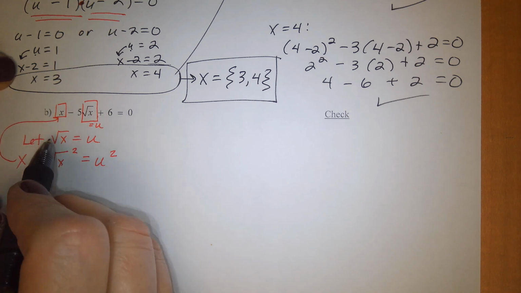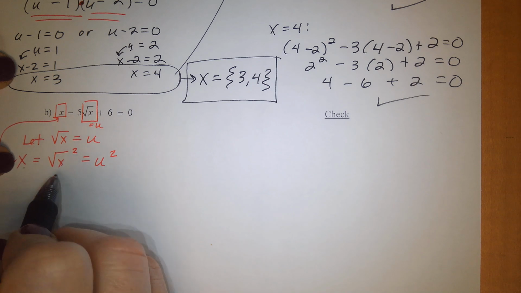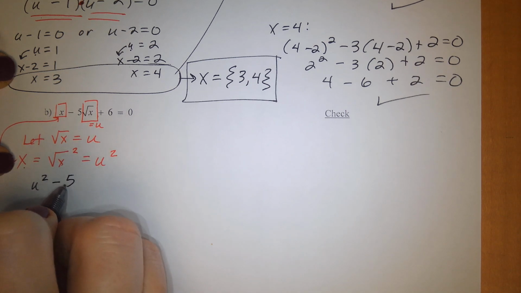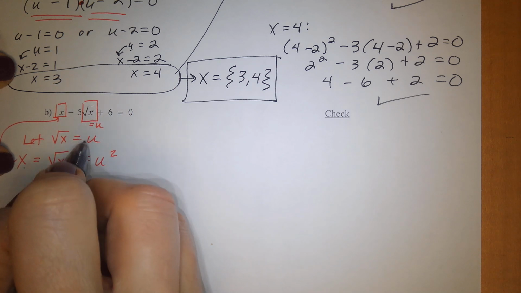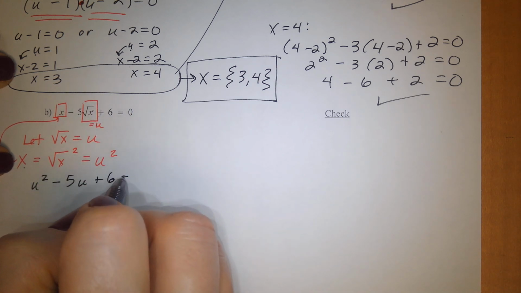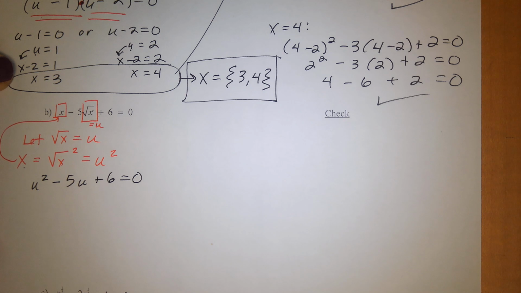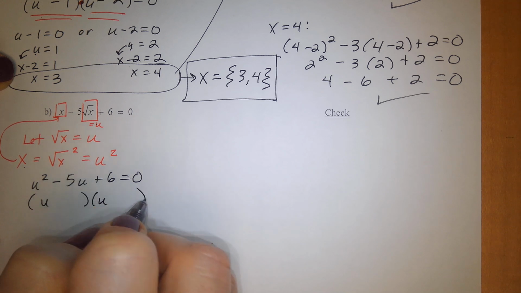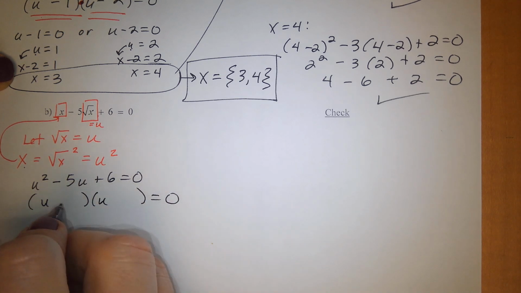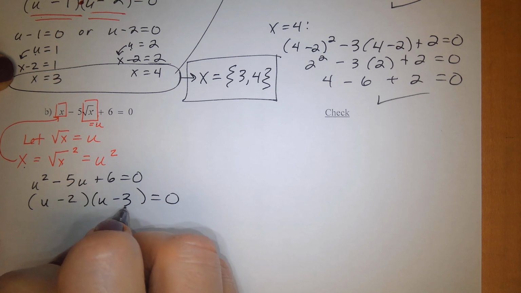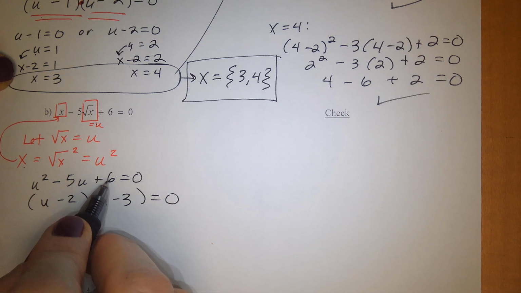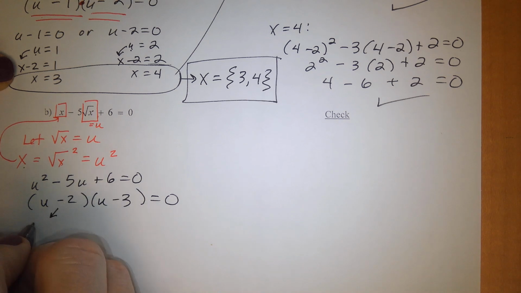So when we rewrite this, x, we can simply use u squared. Square root of x, we can use u. And this becomes a simpler equation to solve. This is factorable. Negative 2 minus 3 adds up to negative 5. Negative 2 times negative 3 multiplies to make 6.